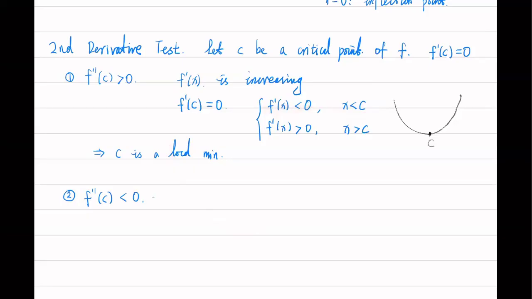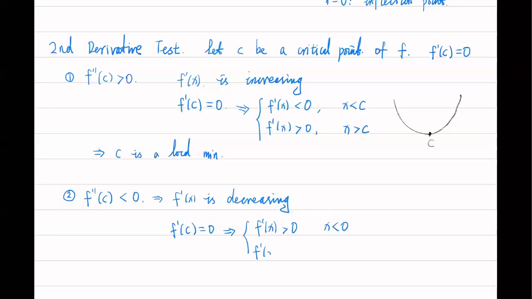So this means, combined with this information, we have the graph.